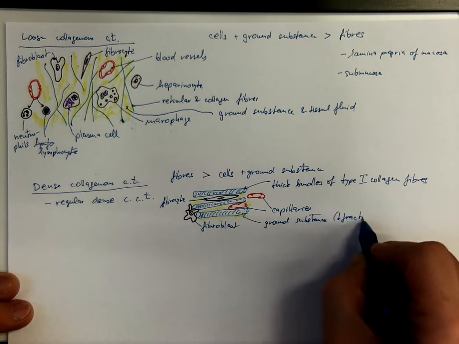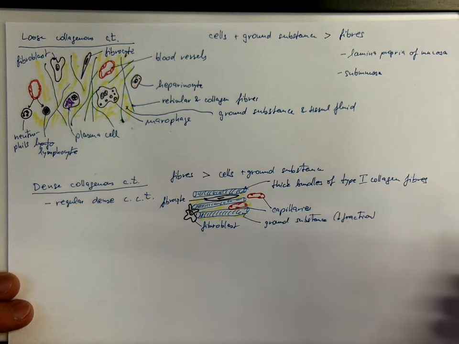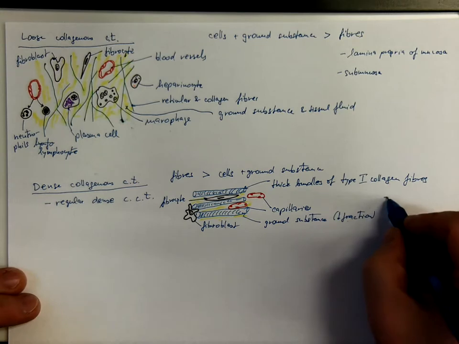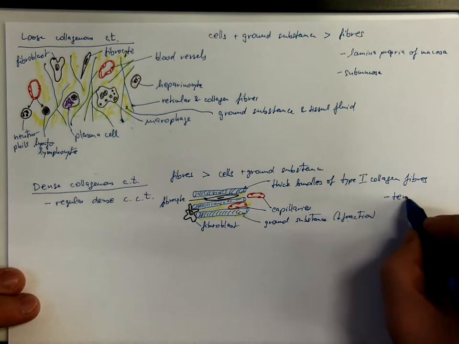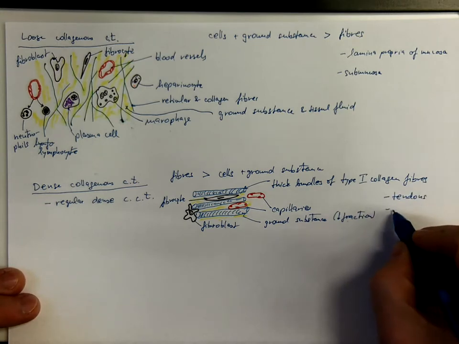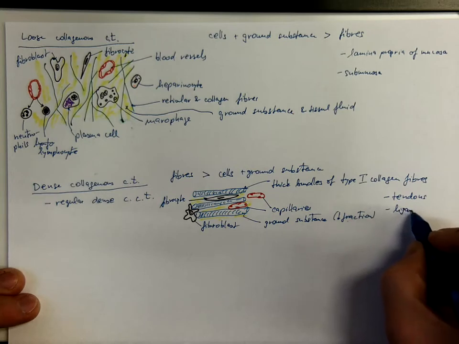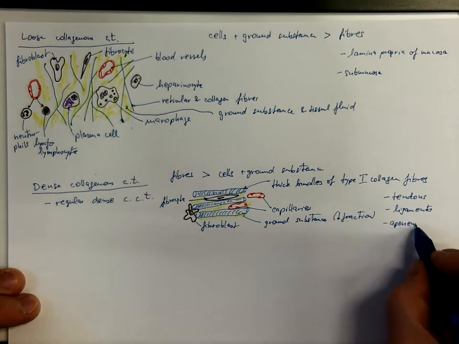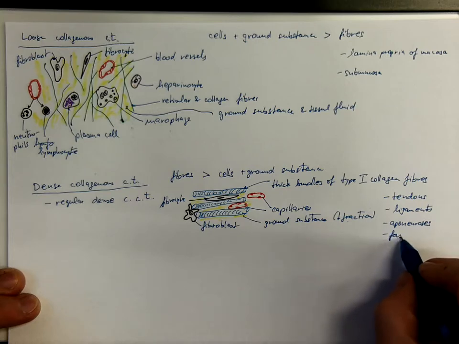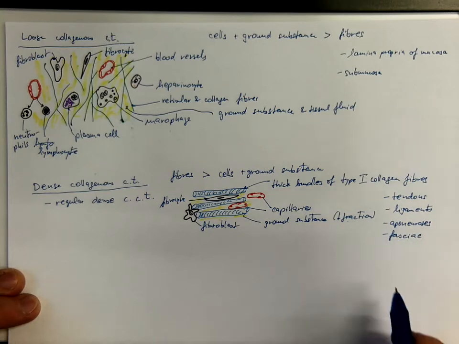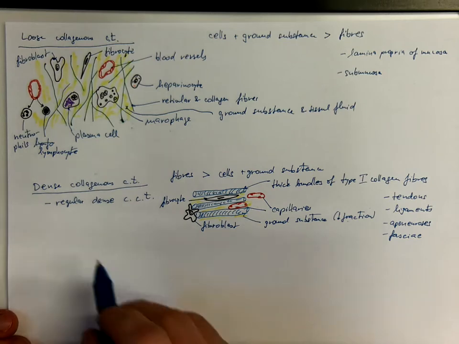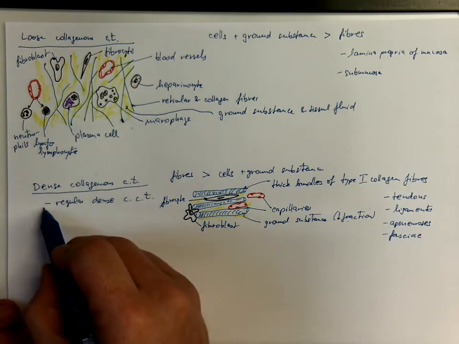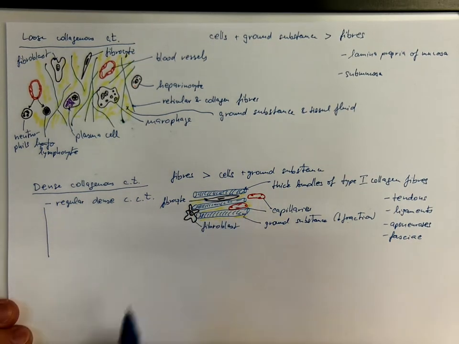Low fraction of it. This is how our tendons look. So examples could be tendons, ligaments, aponeurosis, and diverse fascia.